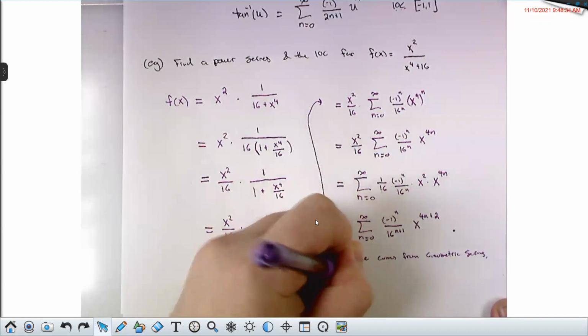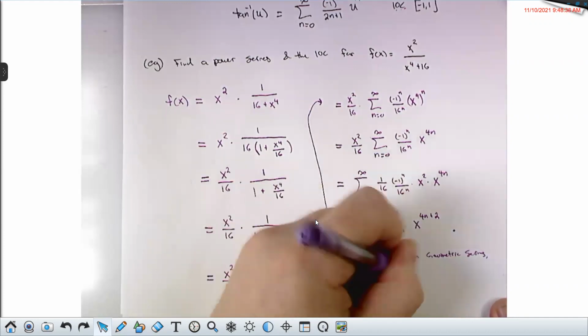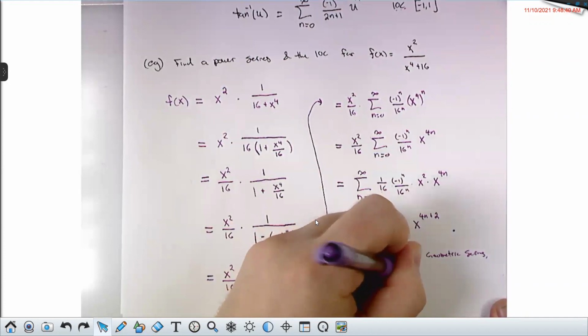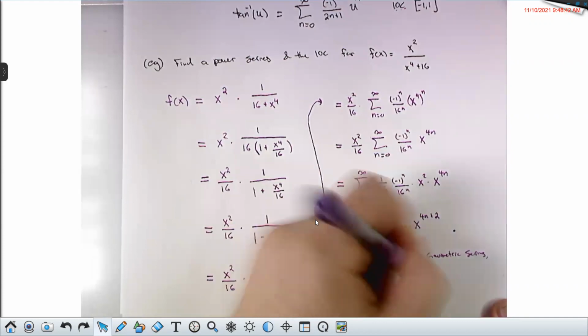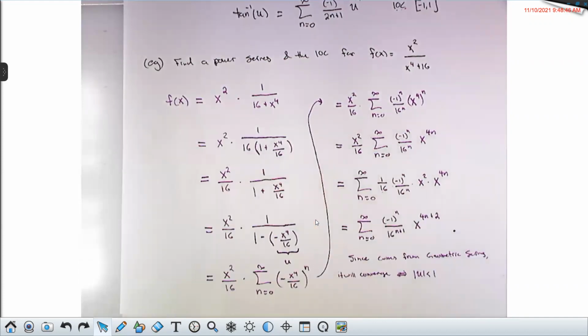It will converge if and only if the absolute value of u is strictly less than 1. Right? This is a geometric series where my common ratio was u.